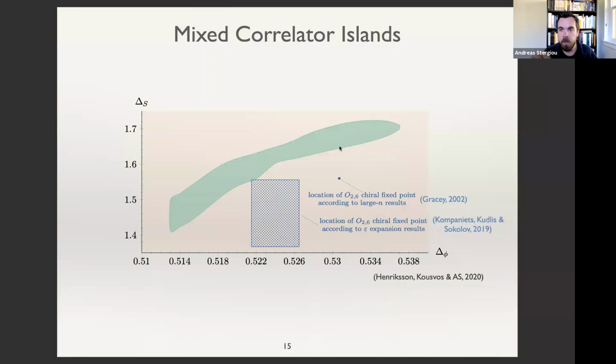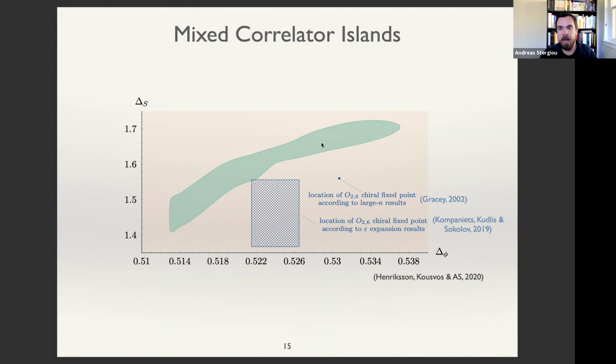That's all we assumed for this plot. The gaps we put are small. If you start to increase the gaps, you'll start getting a tighter region. But we didn't want to, because we don't know the spectrum from some other way for those operators. For example, for the operator that's spin one, but not the current, the next one, we don't know its dimension. We don't want to put in assumptions that may exclude the theory.